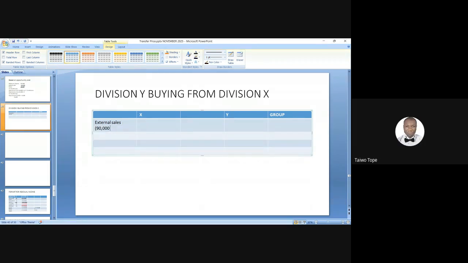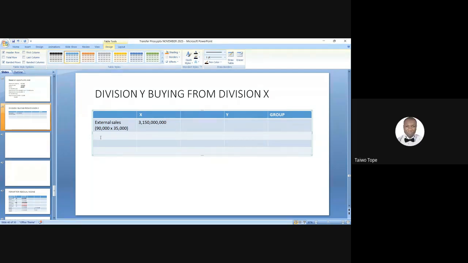Division Y is buying 60,000 tires out of 150,000, so what is left for division X to sell externally is 90,000 tires, multiplied by 35,000. The result is the external sales, which we've computed as 3,150 million.